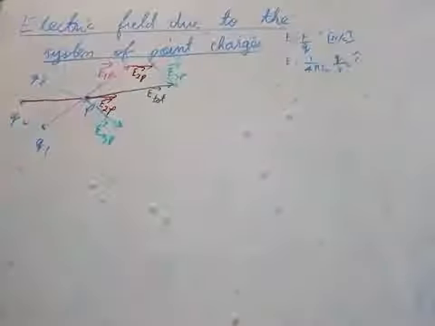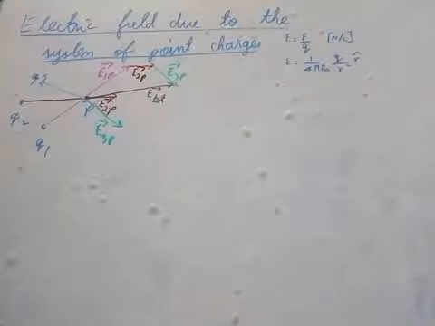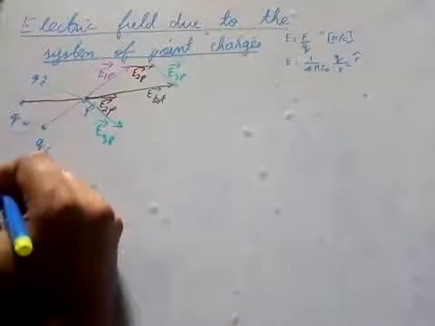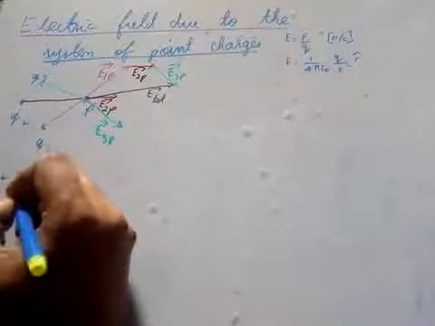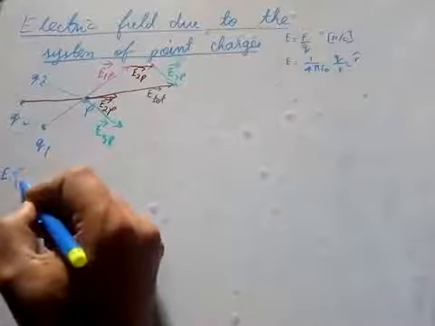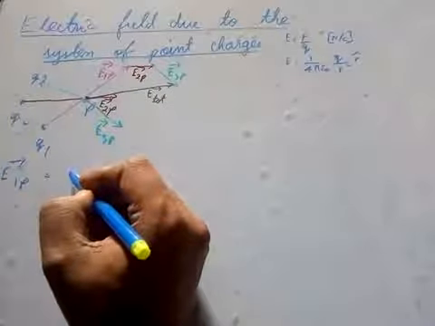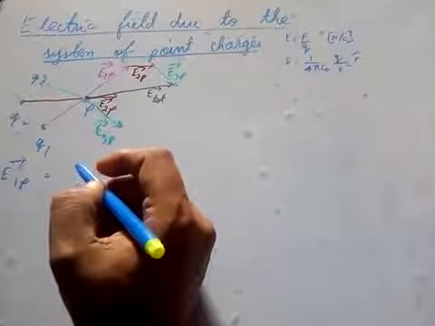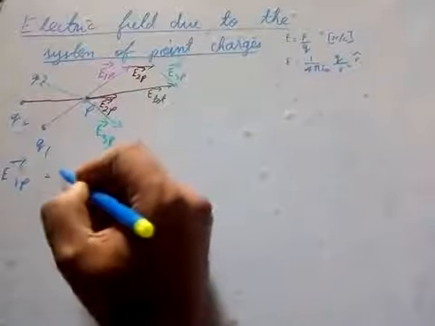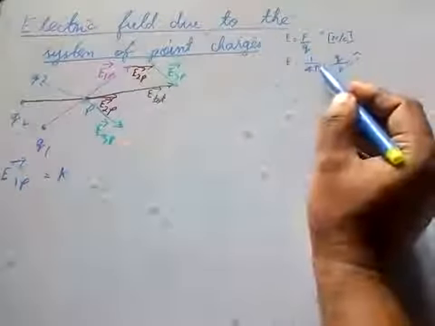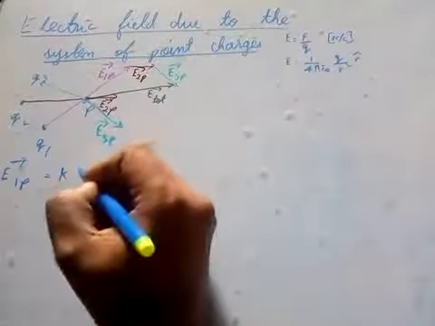Now let's see what the electric field due to the first charge is. The electric field due to the first charge on point P, E1P, will be equal to K, I'm writing 1 by 4 pi epsilon naught as K to make the calculation easier.